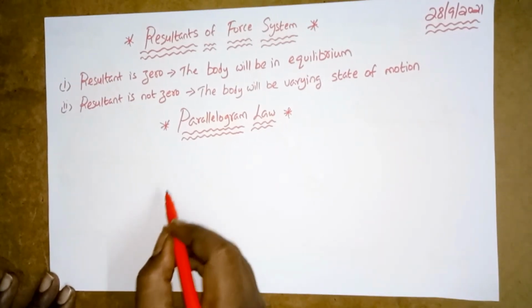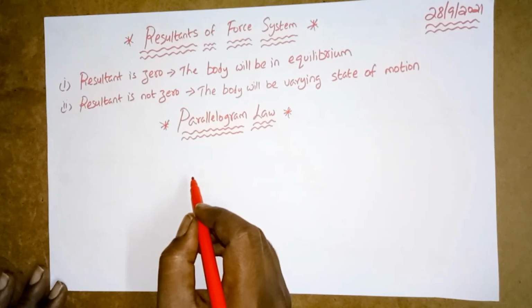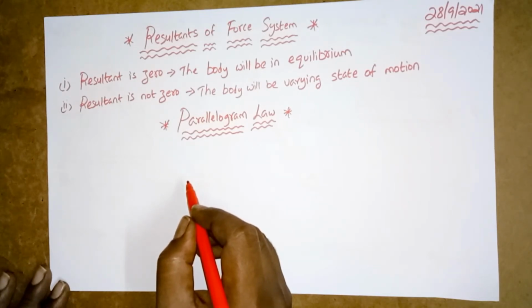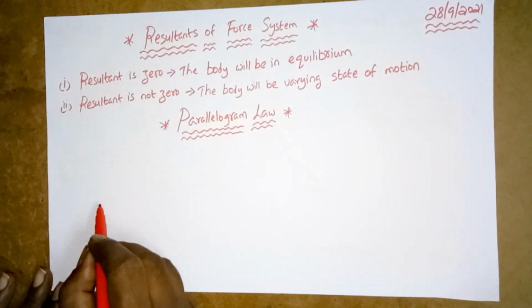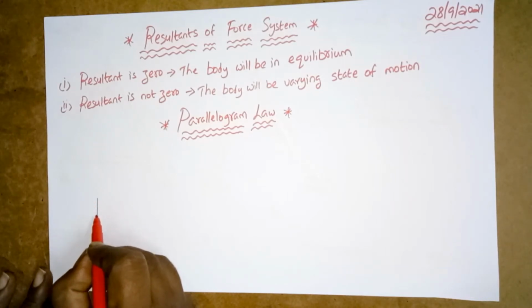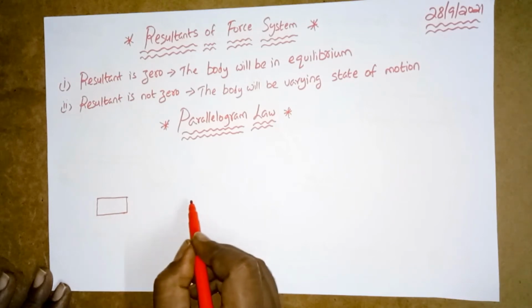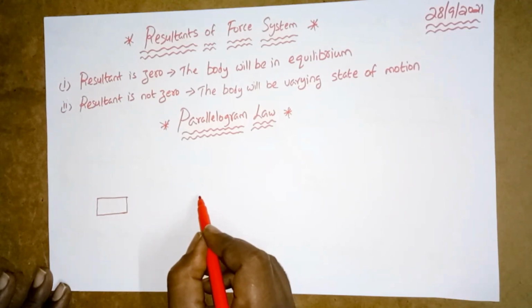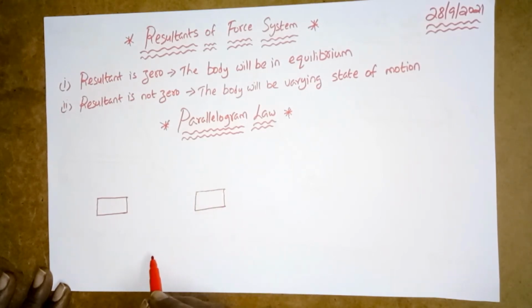See, in this parallelogram setup what we are doing is taking three chords and tying these chords together. So this is the first one, and this is the second one, and this is the third one.